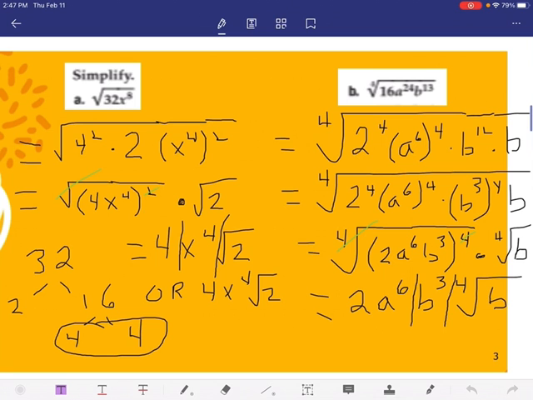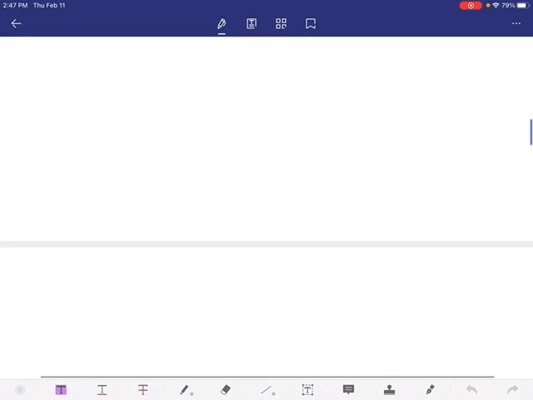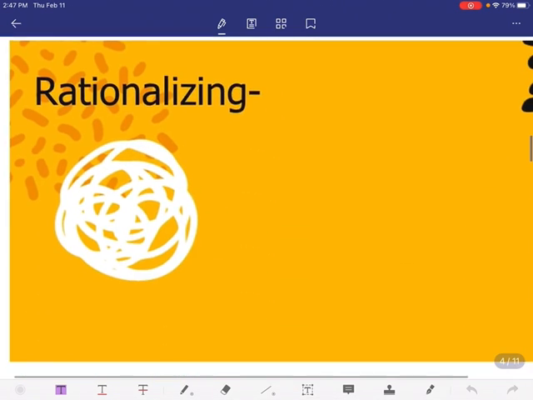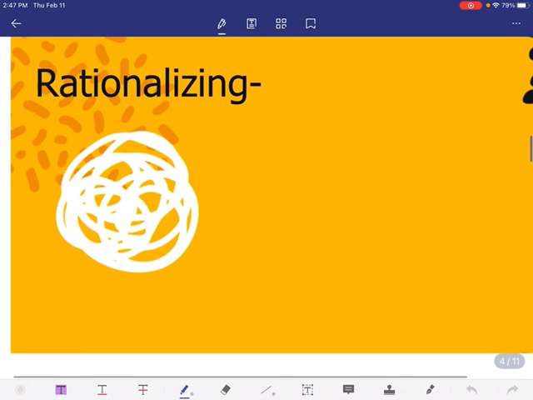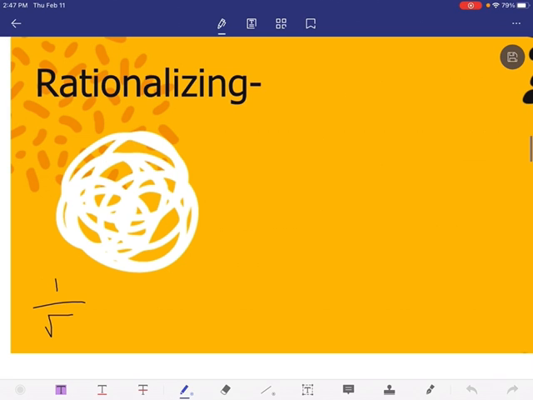Division, it's going to be a little bit different because we need to talk about rationalizing. So we've used rationalizing in the past whenever we had things, say, like 1 over the square root of 2. We don't like square roots, or basically irrational numbers, to be in our denominators.